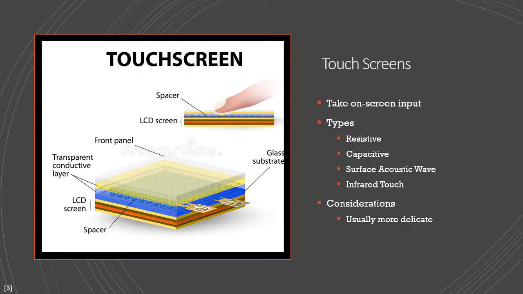This is really only used for mobile games, and I know that laptops have a touchpad, and so do the PS4 controllers. But I would leave those more on the idea of what a mouse is versus what a touchscreen is, because touchscreens are really supposed to fall into the category of take on-screen input.